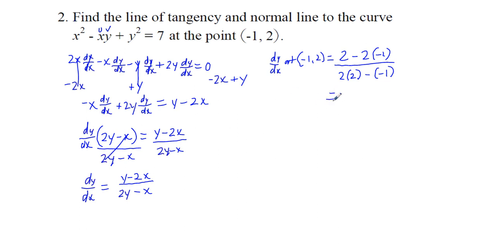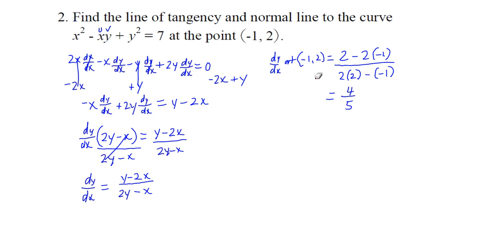So that's going to be equal to 2 minus 2 times negative 1, which is 2 plus 2, or 4, over 2 times 2 is 4, plus 1, that's going to be 5. So that's 4/5.